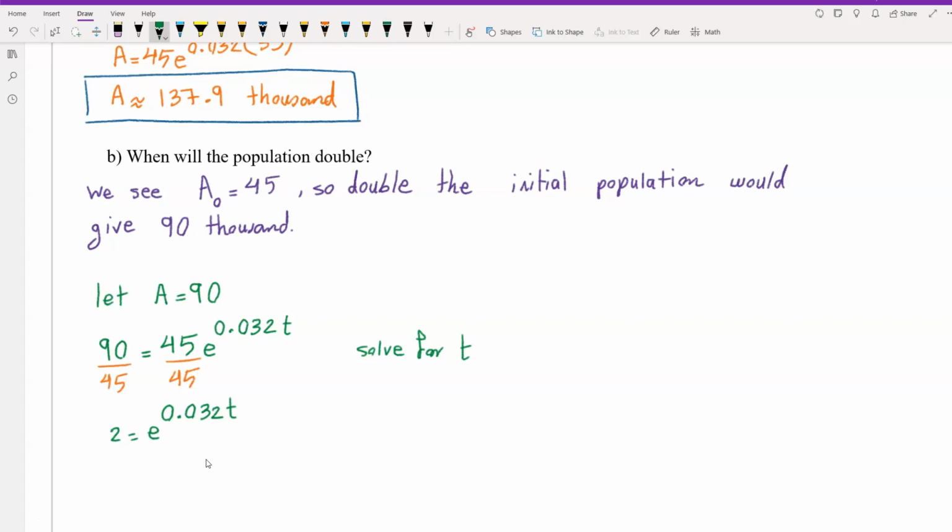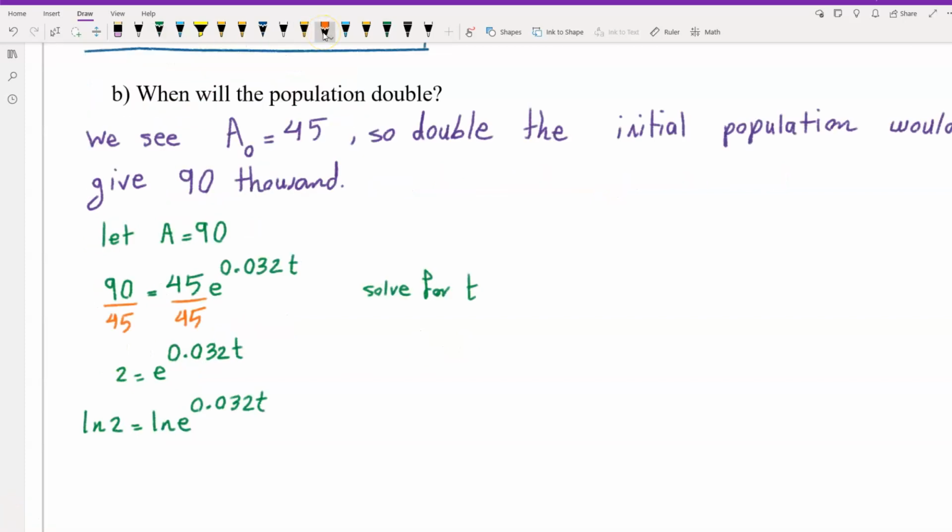So here we have e. I'm going to use natural log on both sides. Here on this part we have the unwritten base e, so we can cancel this part. So that means we can have natural log 2 equal to 0.032 times t.